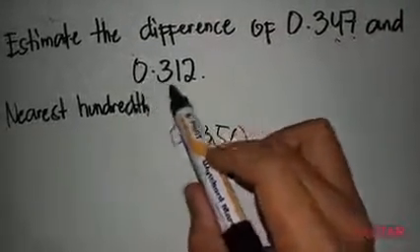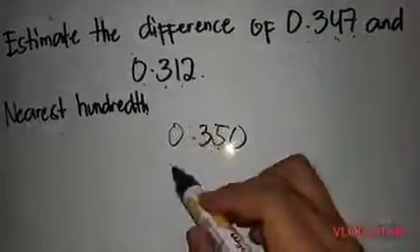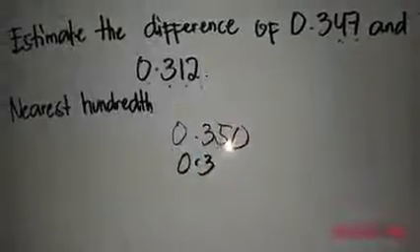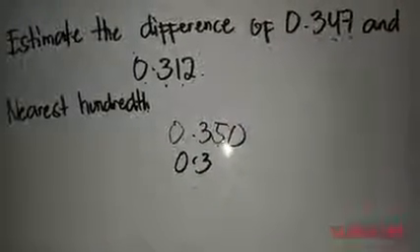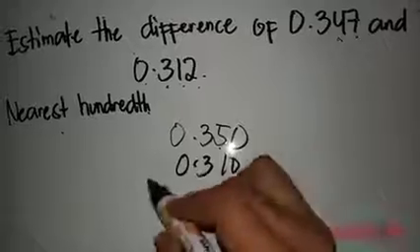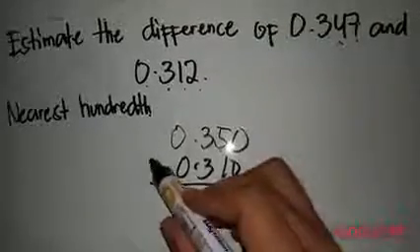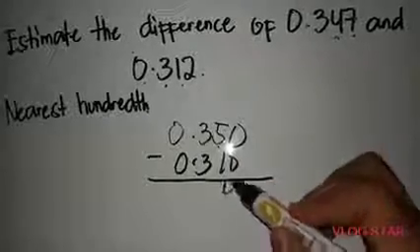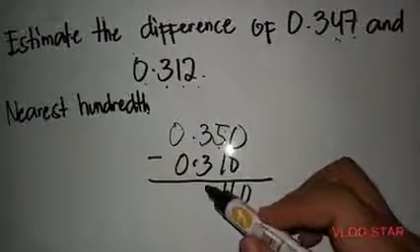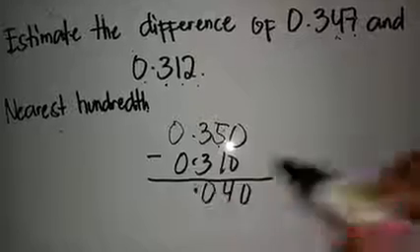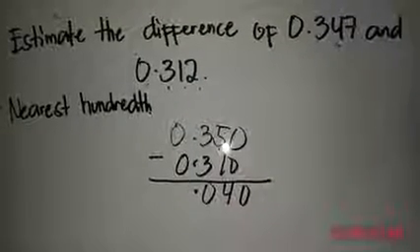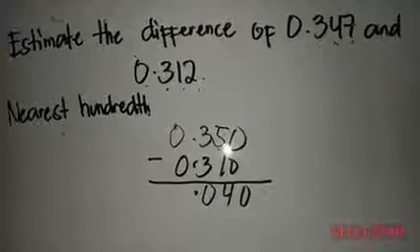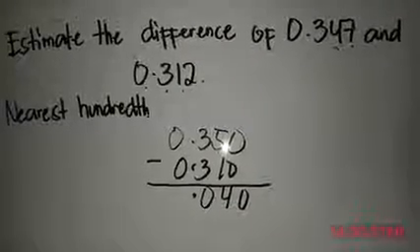Next, 0.312 tens, hundreds. Since the next digit to 1 is 2, which is less than 5, so we round it down. Then subtract. 0 minus 0 is 0. 5 minus 1 is 4. 3 minus 3 is 0. Then the decimal point.